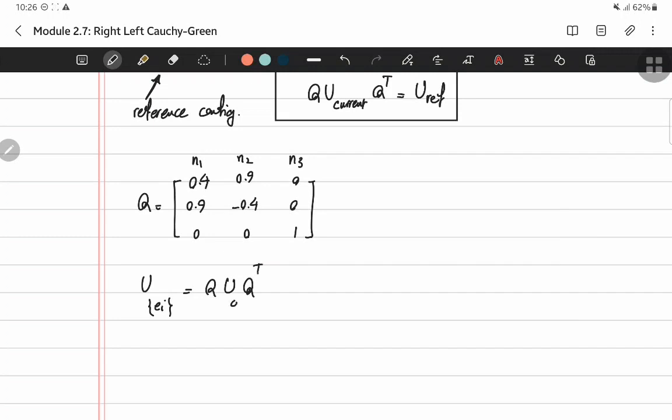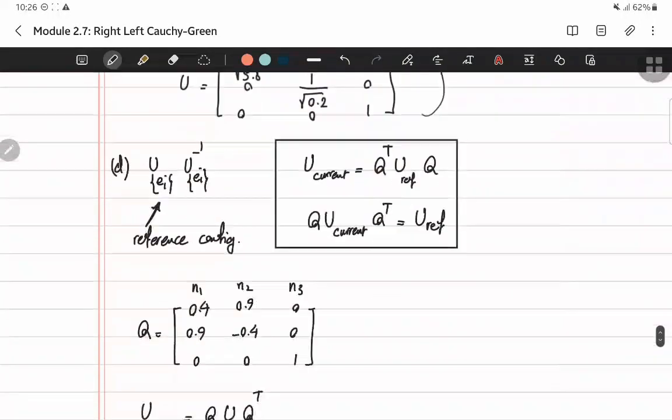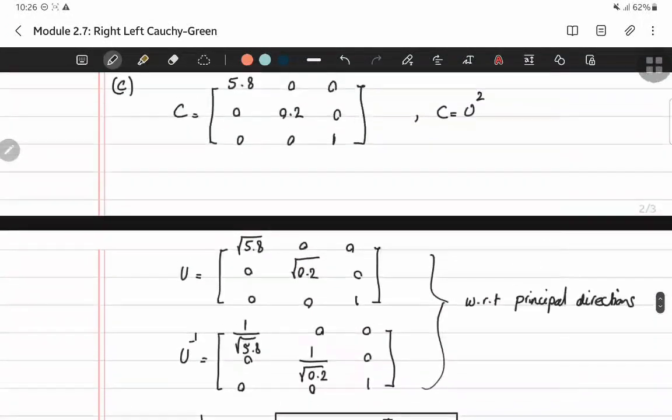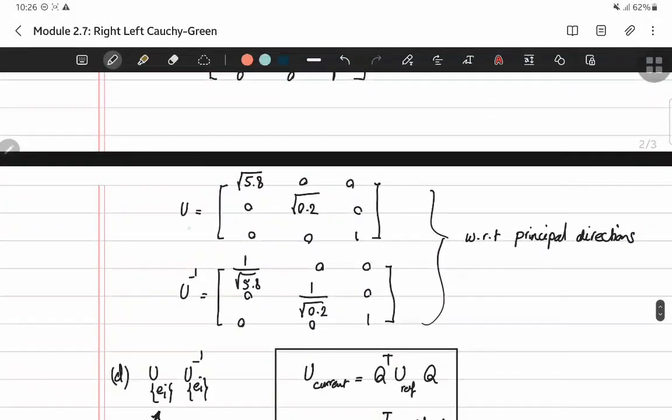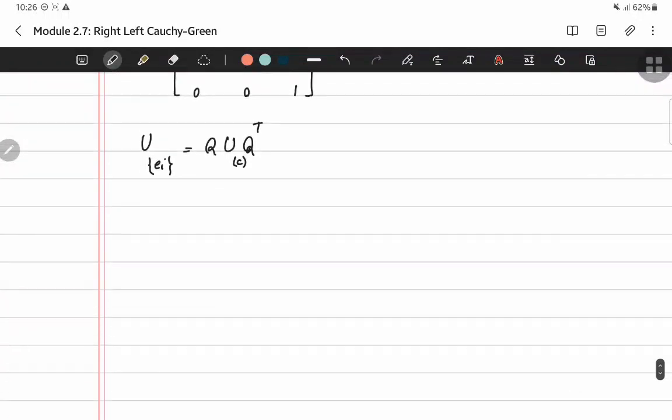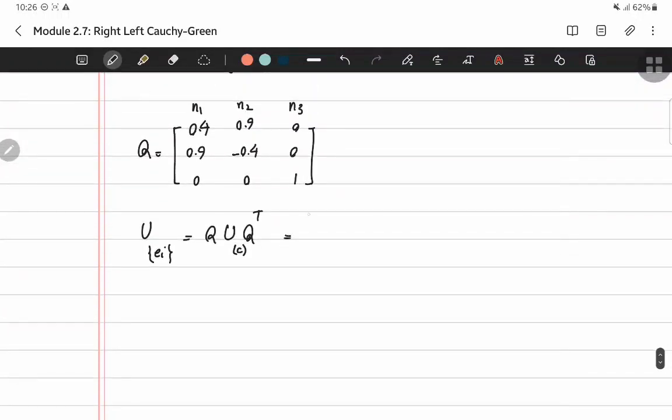This U current is from part C, so I have to put this in here. So I have 0.4, 0.9, 0, 0.9, minus 0.4, 0, 0, 0, 1.